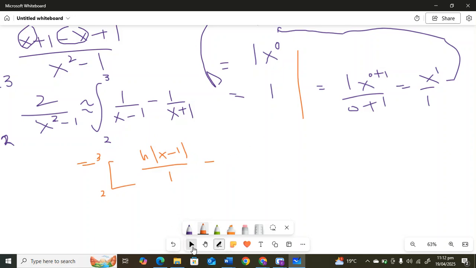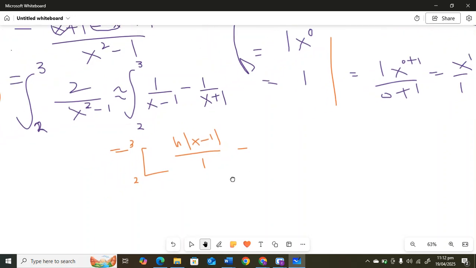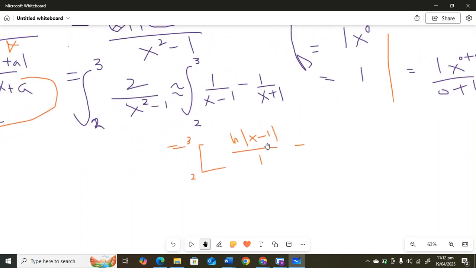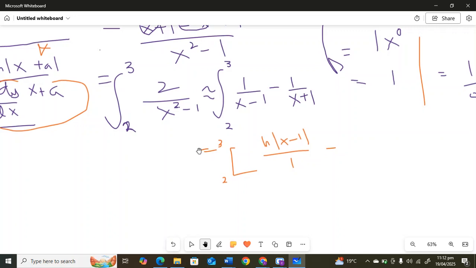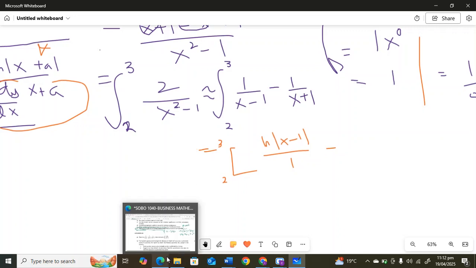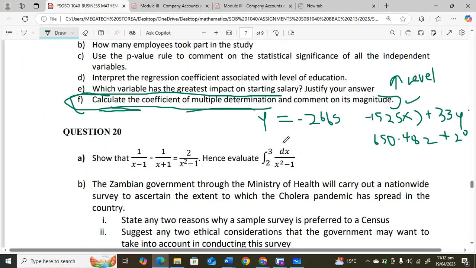Where x to the power 2, where are we? Oh, you're asking about this. Well, we're on this part here.